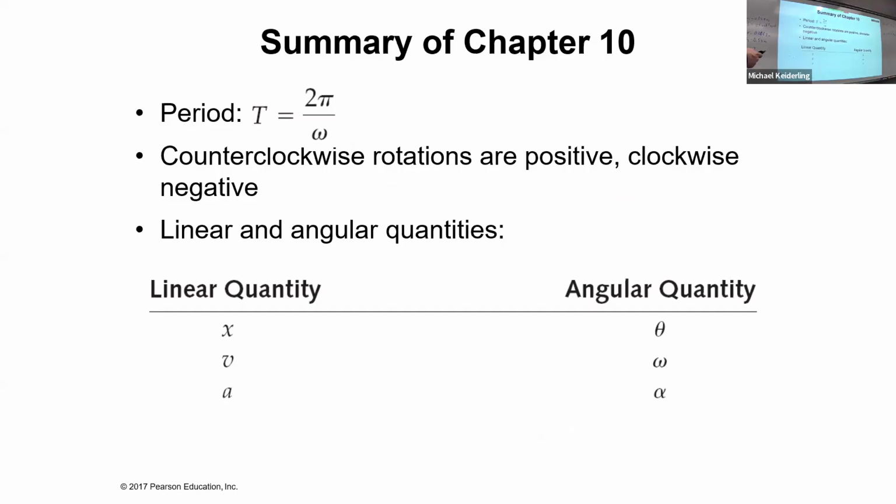Period, the time for one complete rotation, is 2 pi over omega. Counterclockwise rotations are positive. Clockwise rotations are negative. The linear and angular quantities correspond to each other. x corresponds to theta, v corresponds to omega, a for acceleration corresponds to alpha.